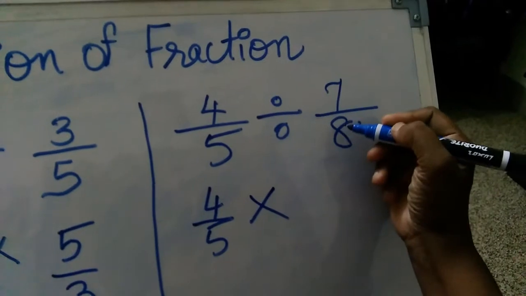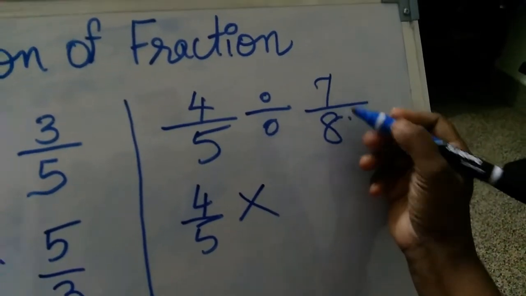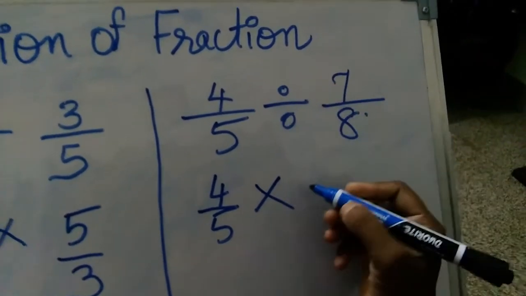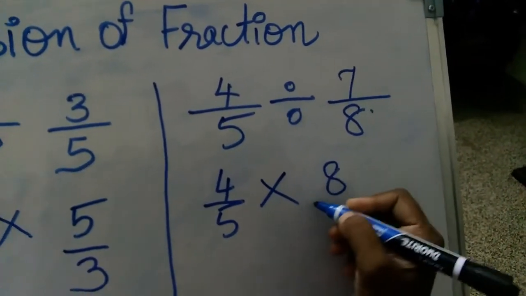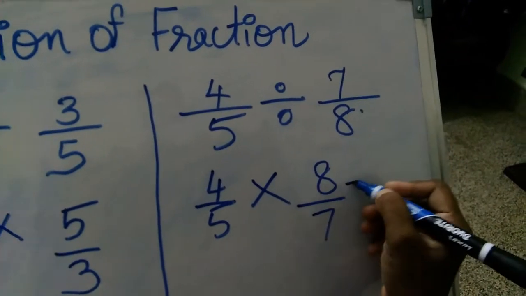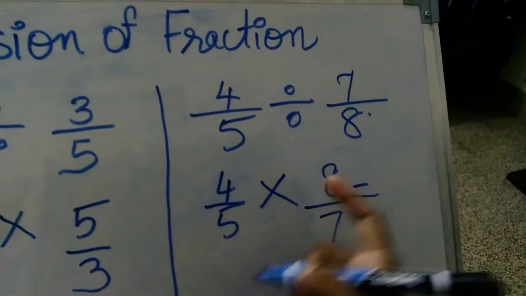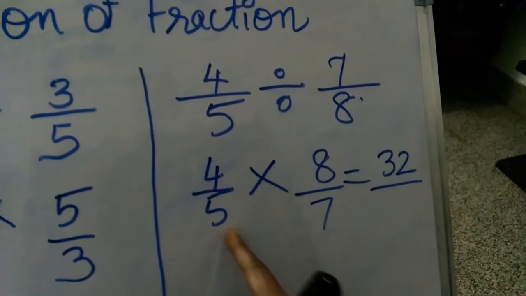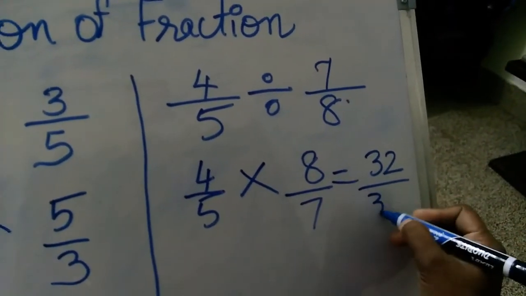Then the inverse or reciprocal of 7 upon 8 is 8 upon 7. Now multiply the numerators. 4 into 8, 32, upon 5 into 7, 35.